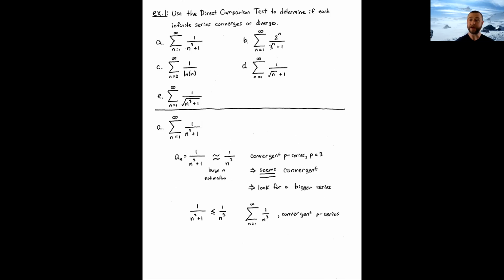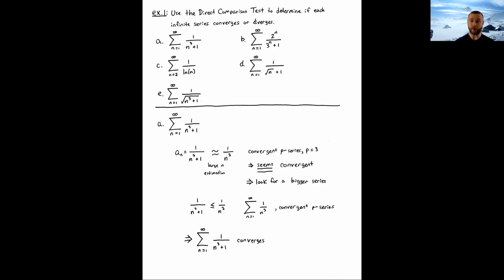This now gives us the bigger fraction, 1 divided by n cubed, and that is a convergent p-series term, as we mentioned above. So what we find here is that our bigger infinite series converges. It's a convergent p-series, which then means our smaller infinite series, the one that we're given, has to converge as well.